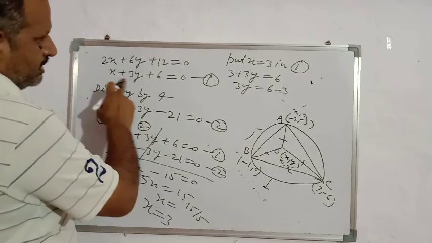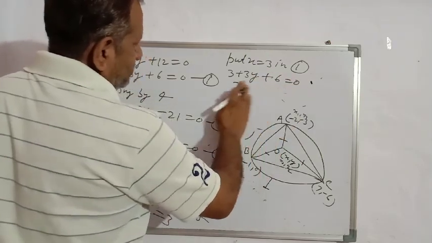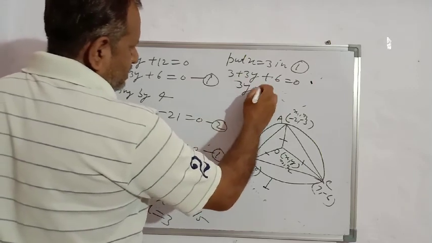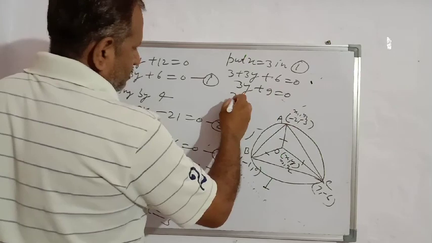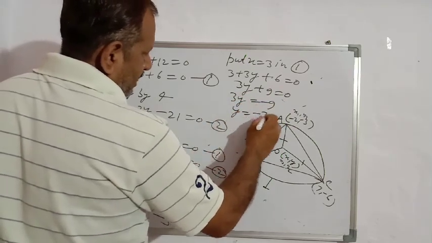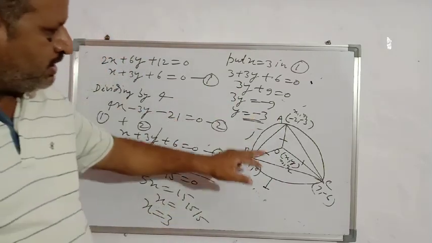Value of x is 3, so 3 plus 3y plus 6 is equal to 0. So 3y, 3 plus 6, 9, is equal to 0. 3y is equal to minus 9. What will be y? 3 threes are 9, so minus 3. So x is 3 and y is minus 3.